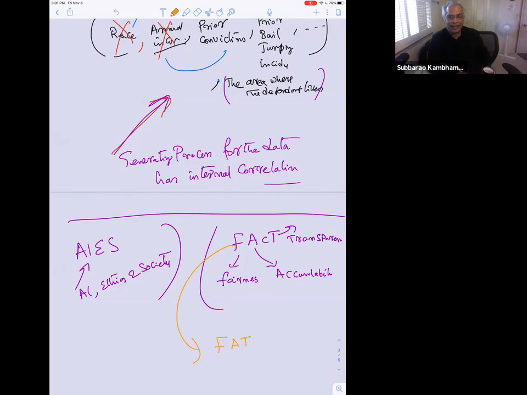Then somebody started complaining that you cannot call a conference about good things in society FAT, that it's fat shaming. I'm not kidding. So they put a small c inside and made something that's supposed to mean something. That's nothing to do with the actual technical part, but it's a good conference that looks at some of these issues.